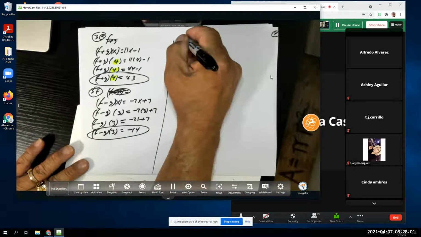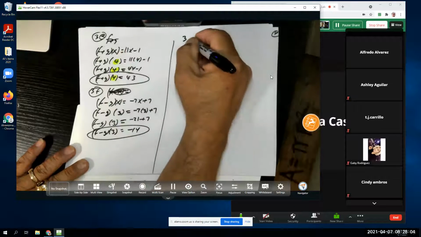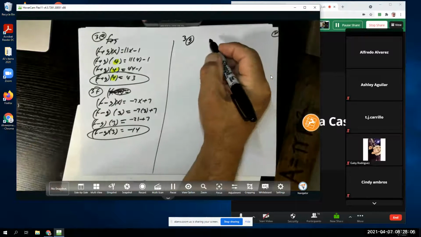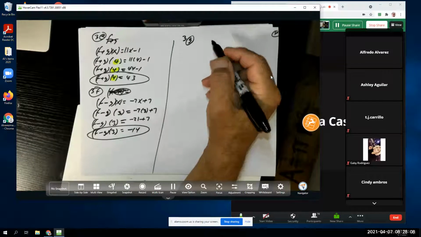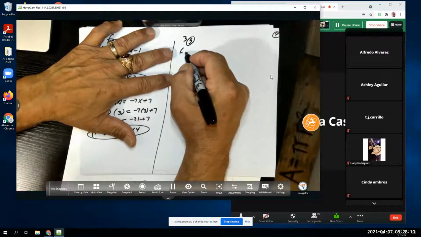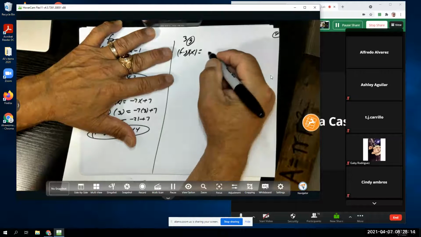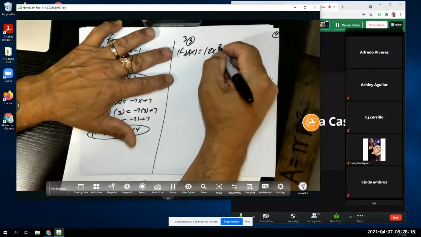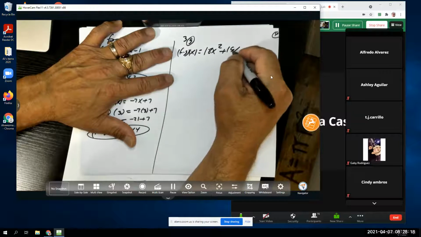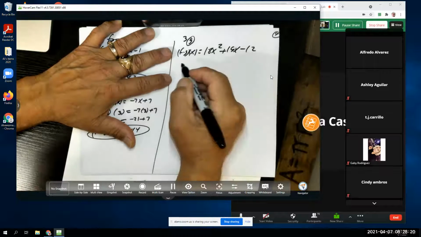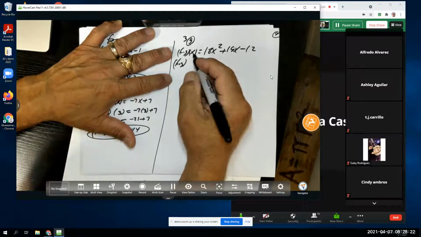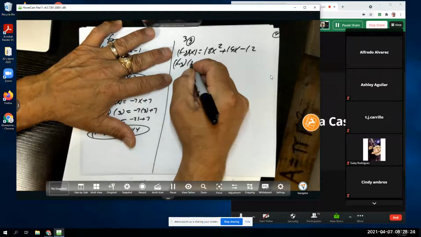Okay. And then letter G. It says F times G of X. We get this answer. Originally we said F times G of X was 18x squared plus 19x minus 12. And the number they gave me to put in there is 2.